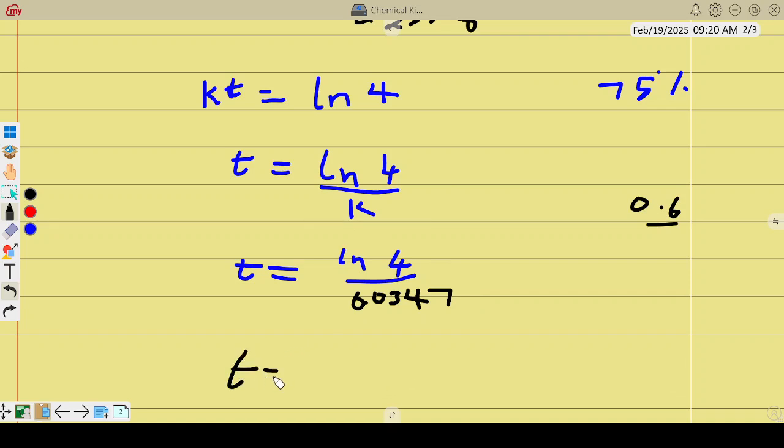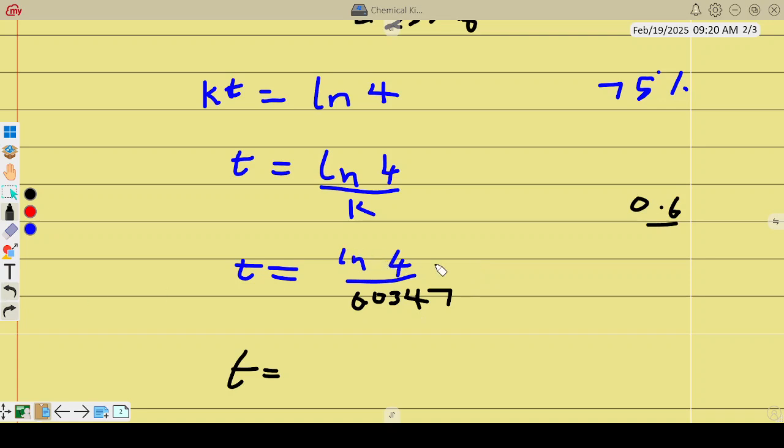So the time to finish 75% is ln 4 over k. I wish I could capture my calculator. Don't punch it all at once; go step by step.